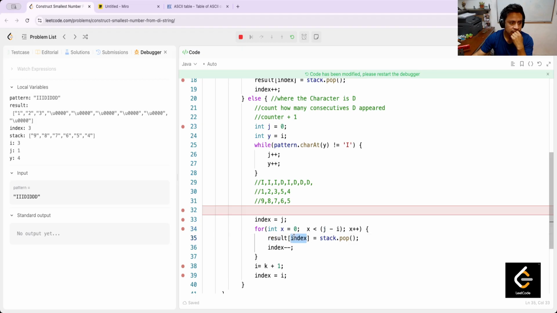Result at the index is 3. Wrong. Should we have j equal to 1? x is j. Now here is j 1, j plus 1, y plus 1.